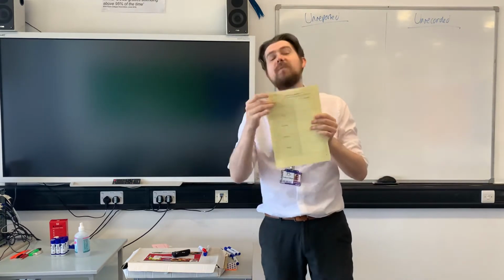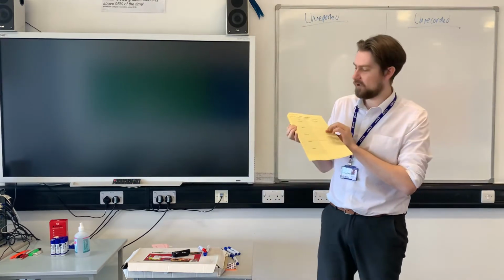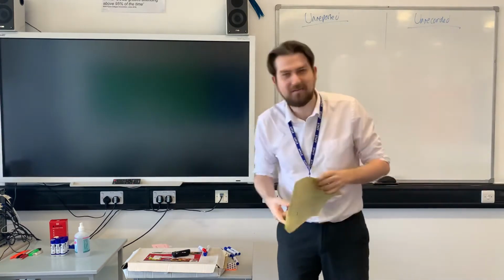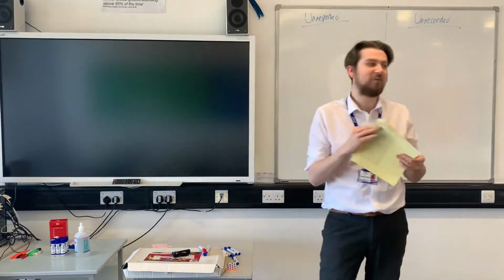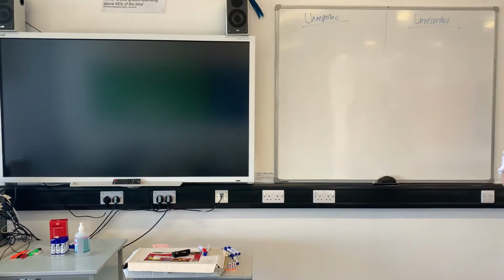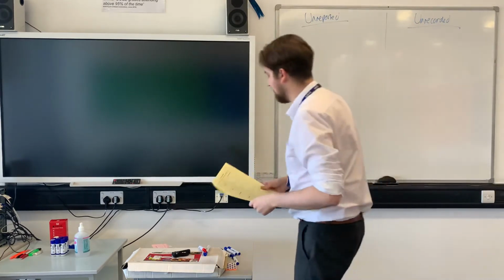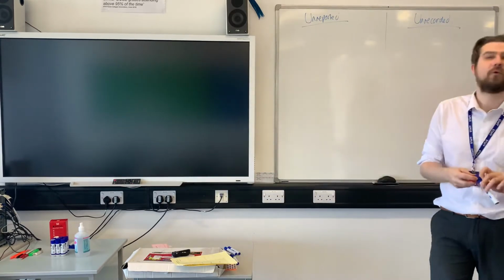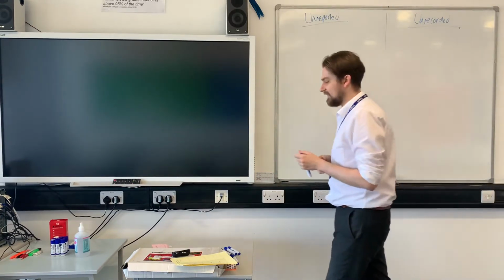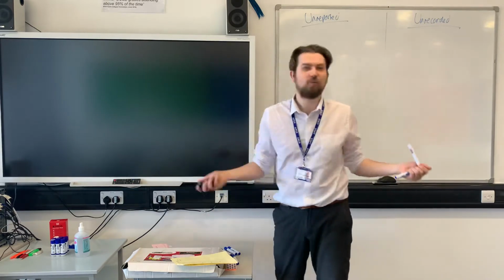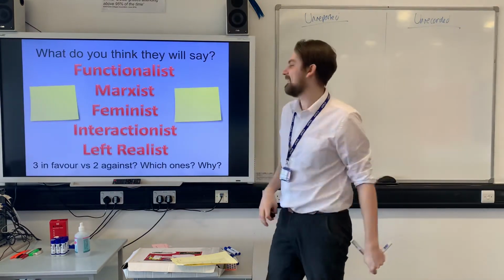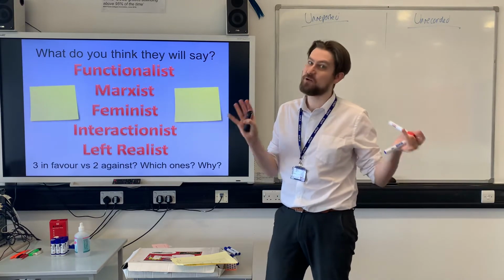But before we start, what I would like you to do is, underneath where you've got the theory, draw a happy face or a sad face, whether or not you think that they think official statistics are valid or accurate. Now what you'll find, when we are in class normally, is I try to give a red herring, and I try to do a task that people shouldn't be able to do.